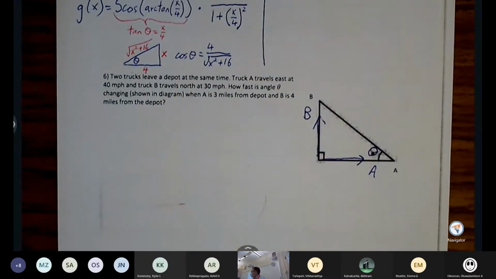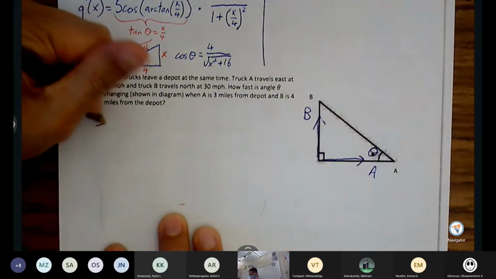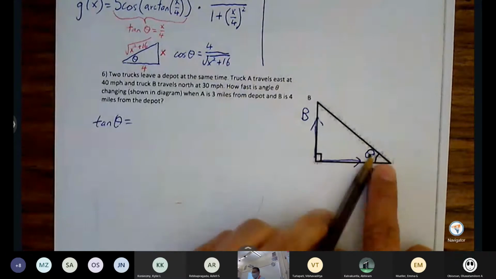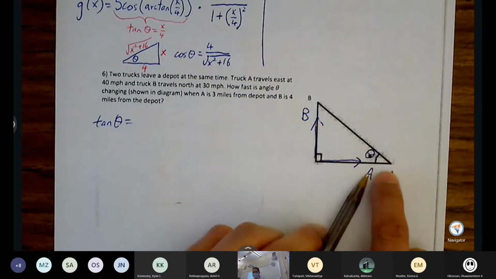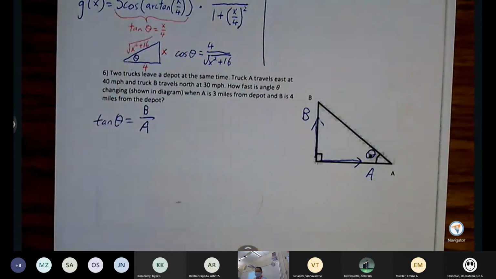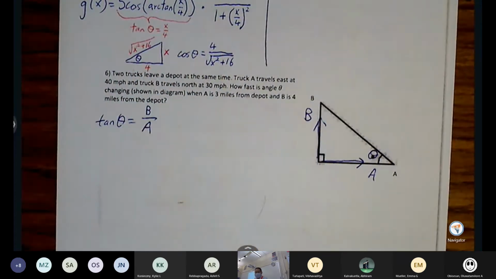So one of the first steps is identifying a trig equation that's going to hit all 3 parts that are given to us in the problem that we can use. So which one is this going to be? Sine, cosine, or tangent? Tangent. Tangent of theta is equal to opposite over adjacent. Okay, we're going to find the derivative.